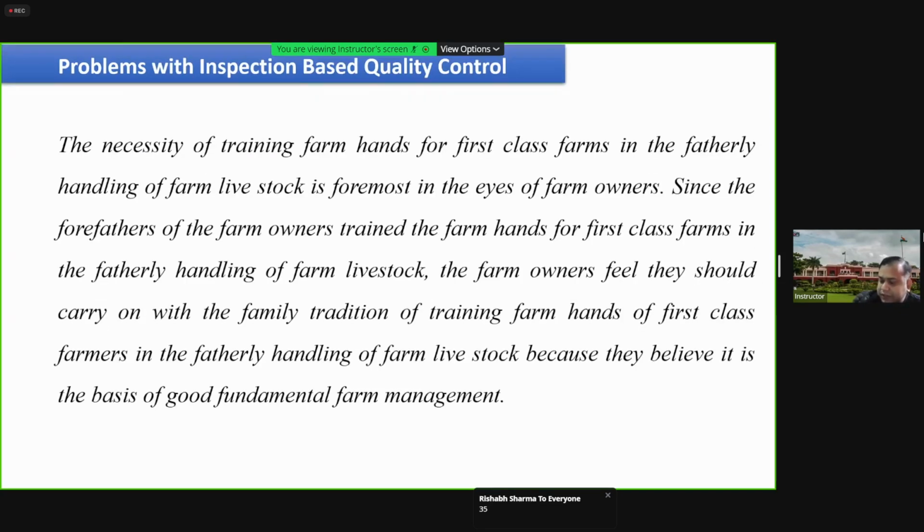Through this we can understand that inspection-based quality control has certain problems, because it depends upon the person who is doing the inspection. We have tools and modern equipment for measuring, but it's not always that every parameter is measurable through the tools and equipment we have.